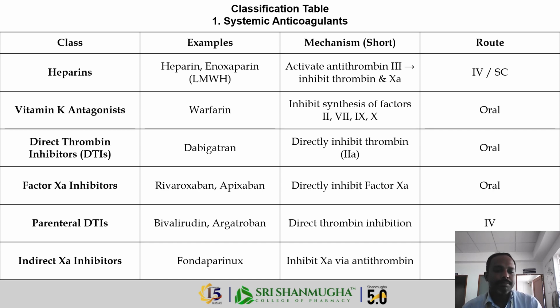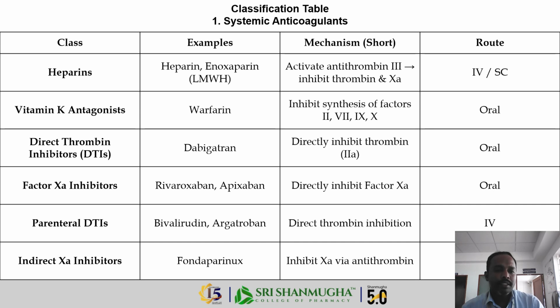Next, we have the direct thrombin inhibitors. They act directly to inhibit thrombin 2A, and are generally given by the oral route. Next, we have the factor 10A inhibitors, rivaroxaban and apixaban. They directly inhibit factor 10A and are given orally.